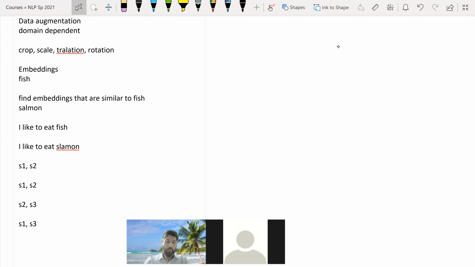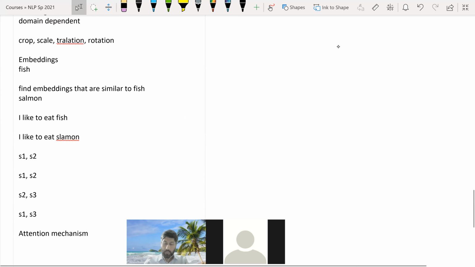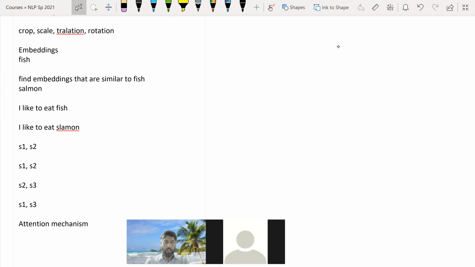Okay, now let's move on to the idea of attention mechanism. And then following that, we'll talk about the transformer. So when we were talking about the recurrent neural network or even GRU or LSTM, we had outputs at each time step, AT.